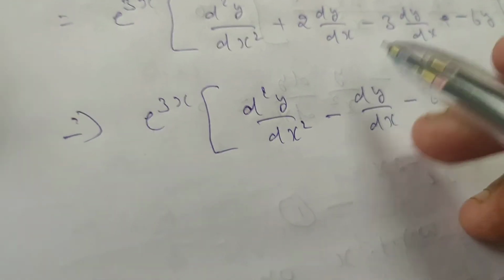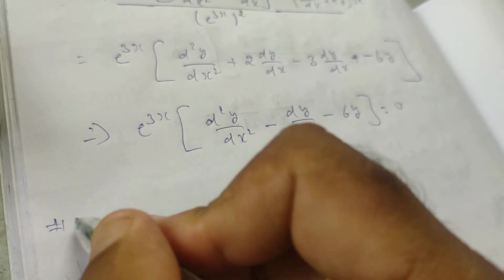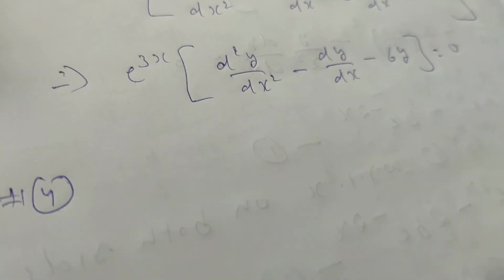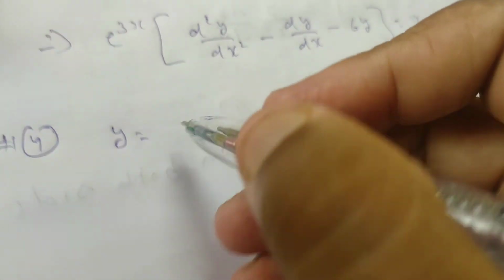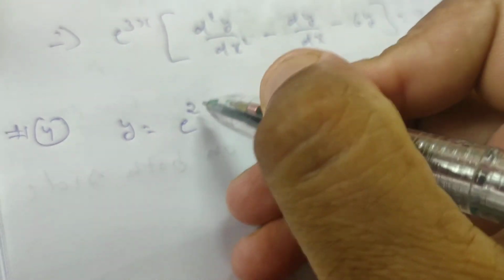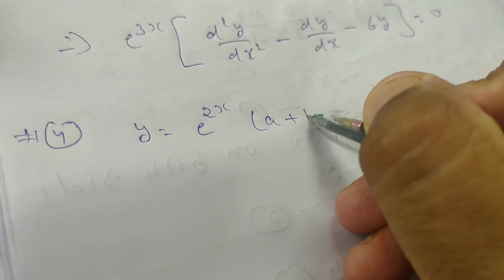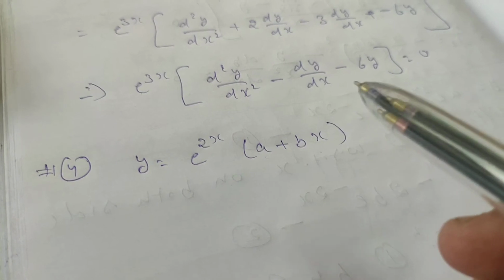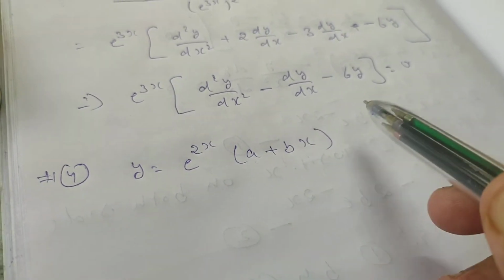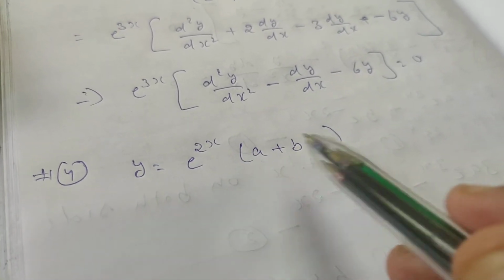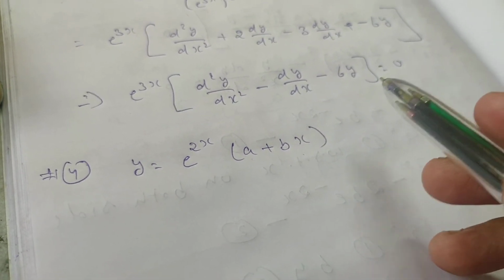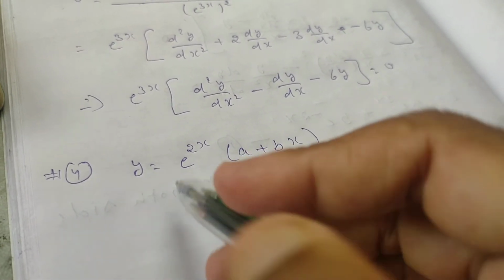In the same manner, if we do the fourth question, what will you get? y is equal to e raised to the power 2x into a plus bx. Since there are two arbitrary constants, we differentiate this equation 2 times and eliminate these two constants. Firstly, take e raised to the power 2x there.